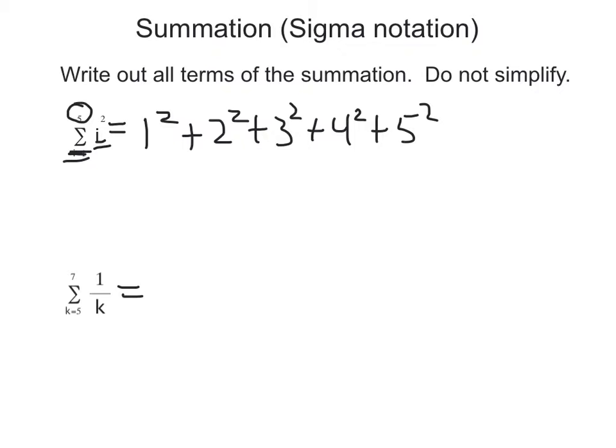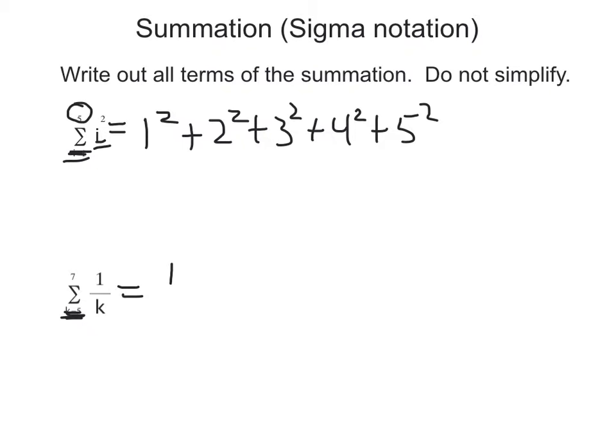In our second example, we've got the summation as k goes from 5 to 7 of 1 over k. So in this case, the index does not start at 1.